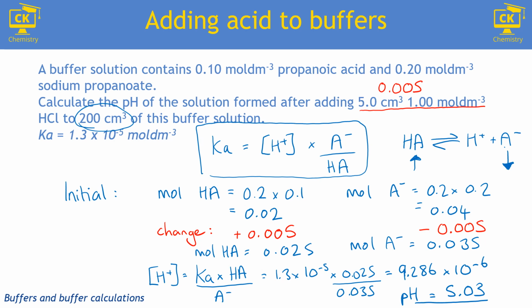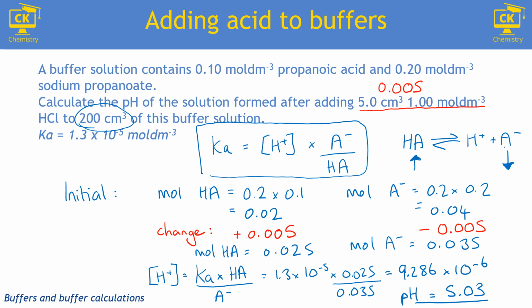Now, because we've been given the original concentrations, 0.1 and 0.2, and we've got that Ka equation there, it's super easy just to tap into your calculator and work out what the pH would have been before, because we just put in 0.2 and 0.1 where A- and HA are, and we can then calculate the H+ and therefore the pH. So the pH of the solution before I added that acid was 5.19, and now it's 5.03.